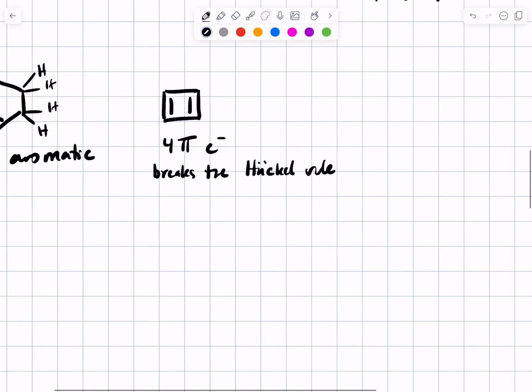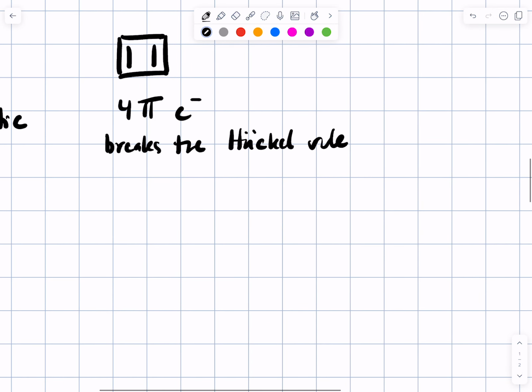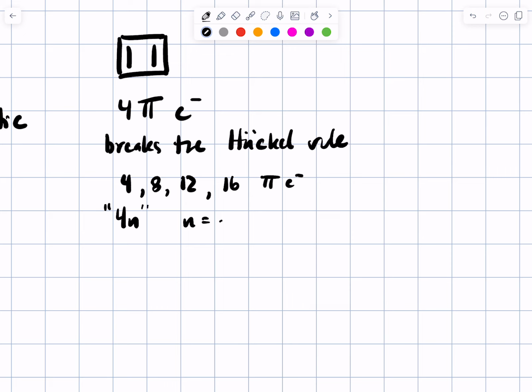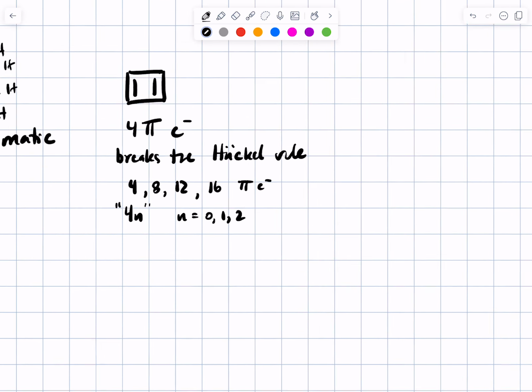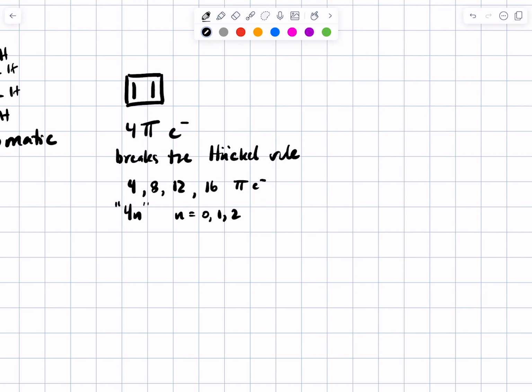We're going to see that if you have 4 or 8 or 12 or 16 pi electrons, that is, if you follow the pattern 4n, where n is an integer, now you experience a special instability that's called anti-aromaticity.